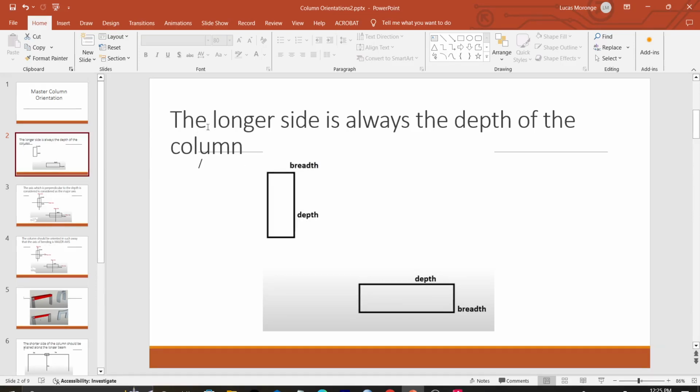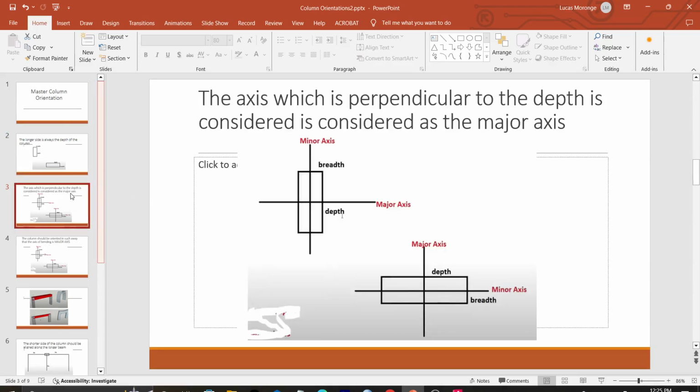Just note this: the longer side is always the depth of the column, while the shorter one is always the breadth.